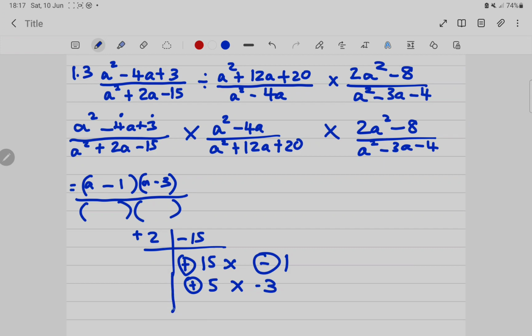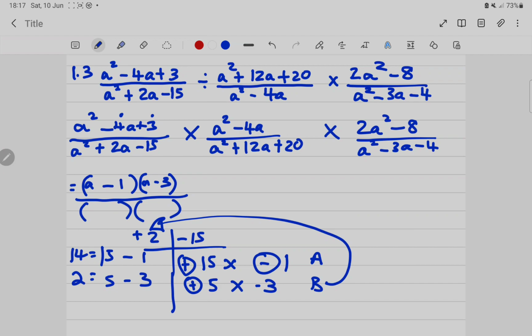Okay, so let's check which one meets the requirements. 15 minus 1 and 5 minus 3. Let's see which one meets the requirements, pair A or pair B. So 15 minus 1 gives us positive 14. 5 minus 3 gives us 2. So which pair meets the requirements is pair B.